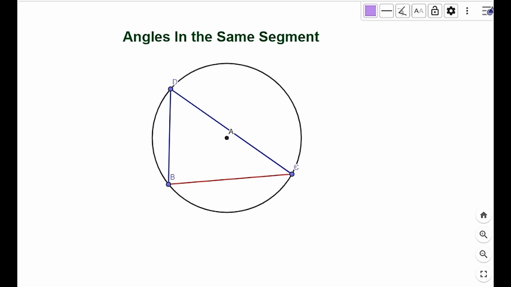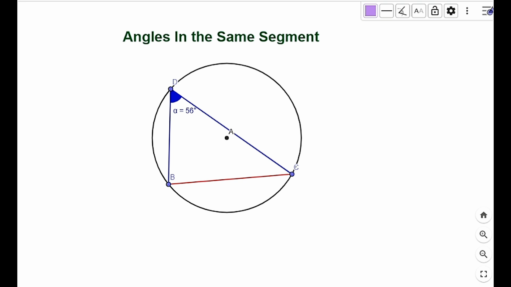So we get an angle BDC. Now we measure the angle BDC and we find it 56 degree.